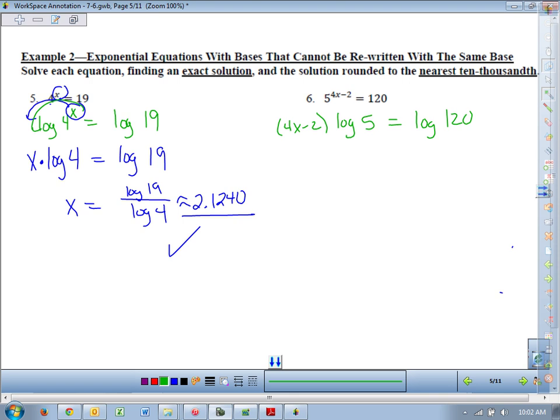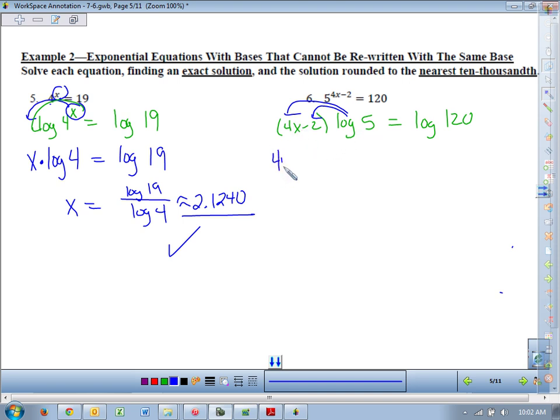Awesome. Okay. Now what? You could divide both sides by log base 5, but then wouldn't you have to add 2 and then divide by 4? It's going to be a mess. Watch this move. We will now use the distributive property. Isn't log base 5 right outside the parentheses? Distribute log base 5 to this.